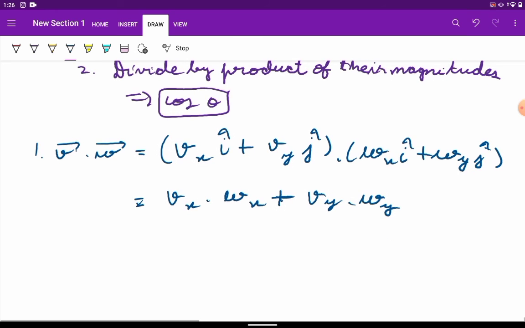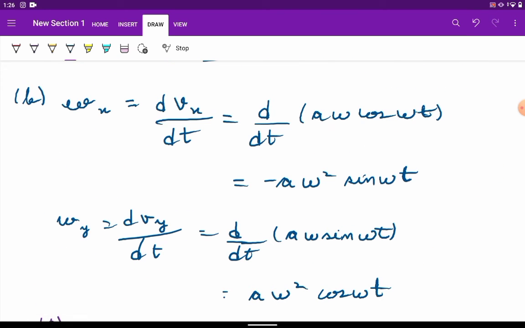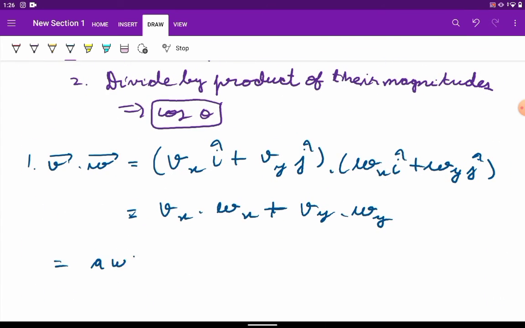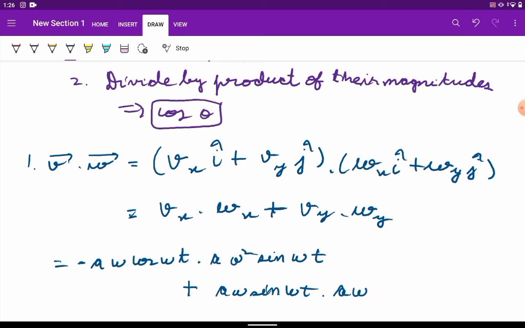Now what is vx? vx was a omega cos omega t, right? And wx is, of course, I'll write the minus over here, into a omega square sin omega t, right? And vy is a omega sin omega t, and wy is a omega square cos omega t, right?